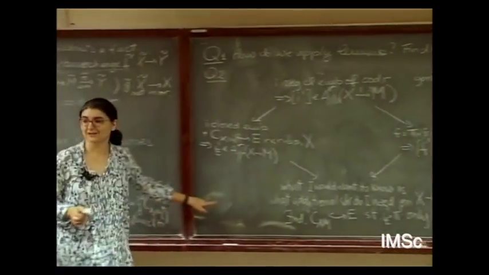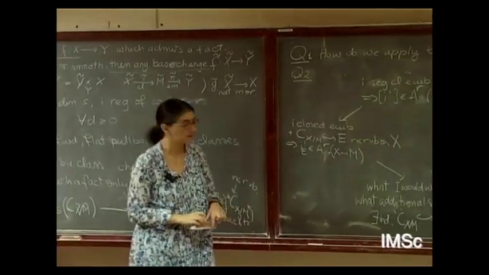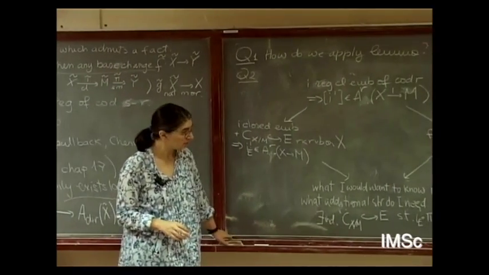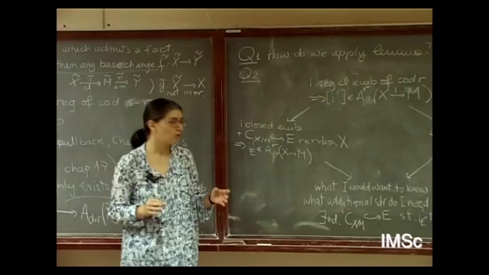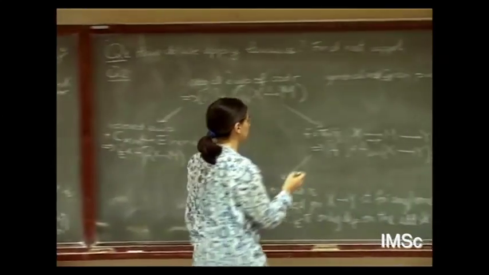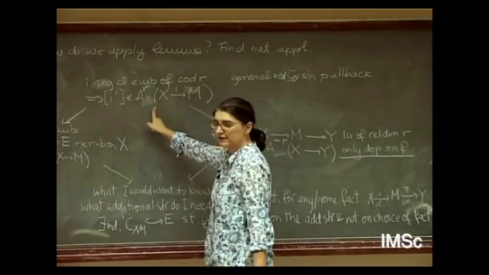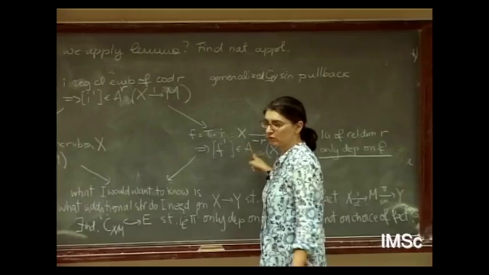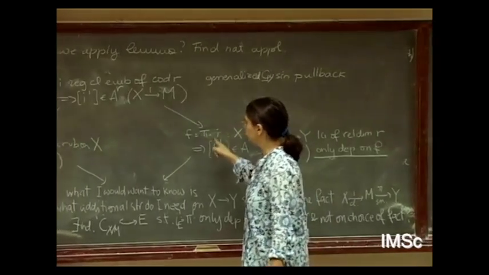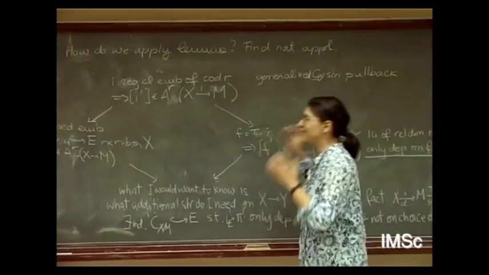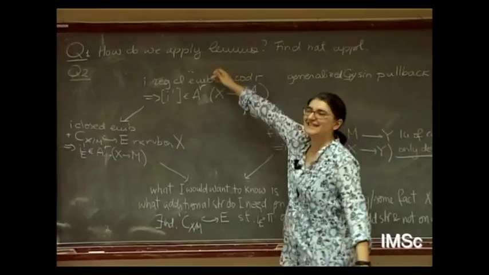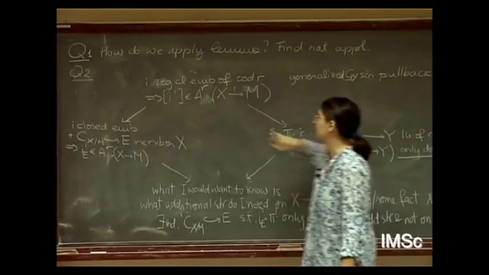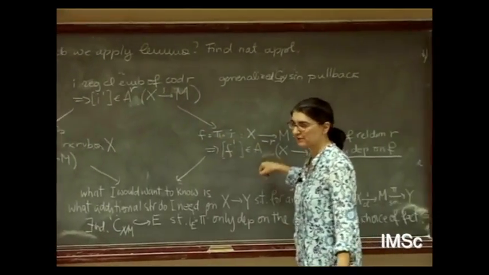So, does this answer your question? Yeah, but the choice of E will of course make it different each time. No, but what I want, see, here I had no choice, and also here I have no choice. So you have a canonical choice. Okay, it is built in. Here I have a canonical choice, and here I have a canonical choice.